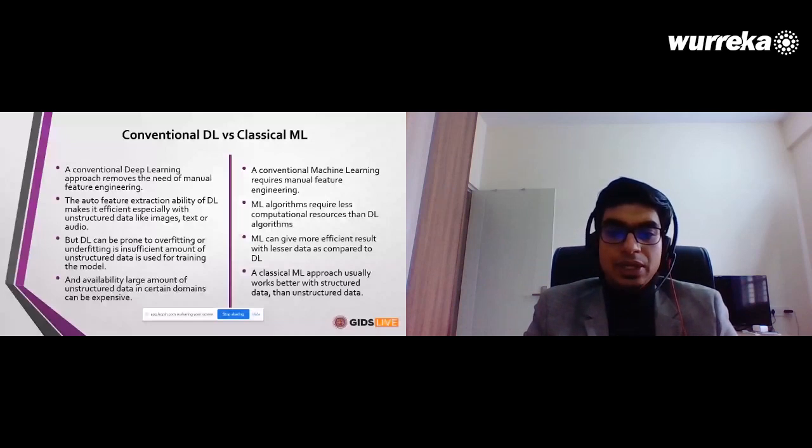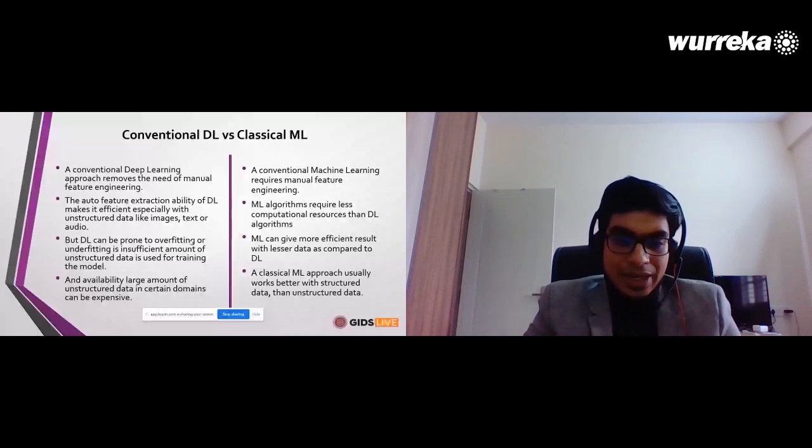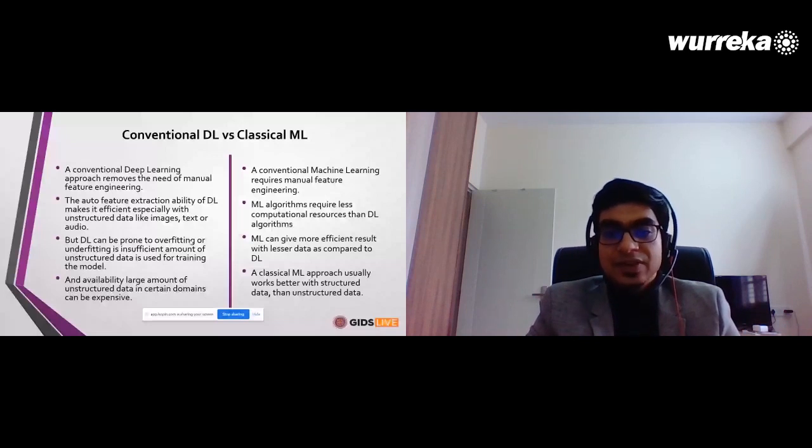Another problem, as I said, is that since sufficient data is required for a deep learning model, in certain domains and situations getting that large amount of data is not realistic. Large amounts of unstructured data, especially in some domains, are really expensive and difficult to obtain.